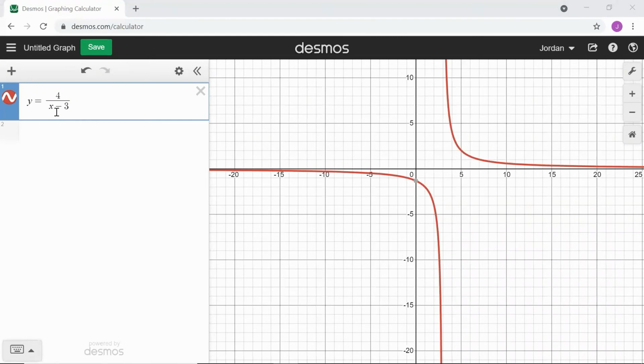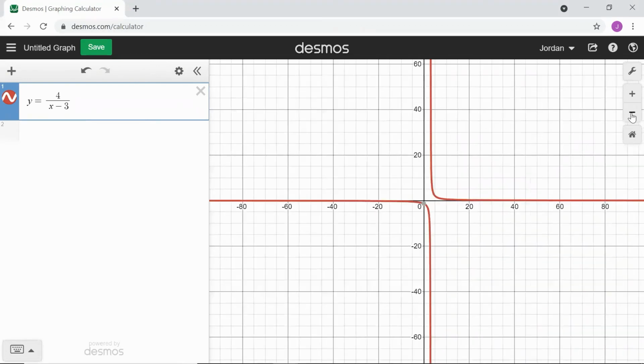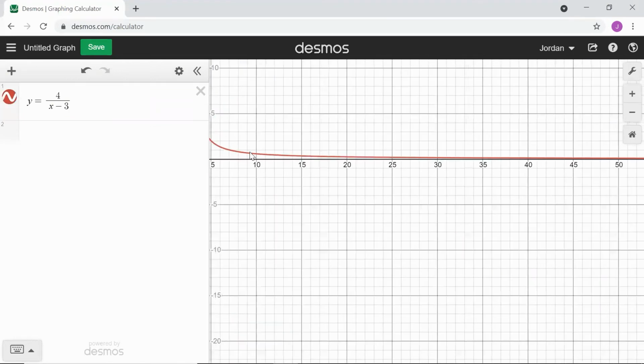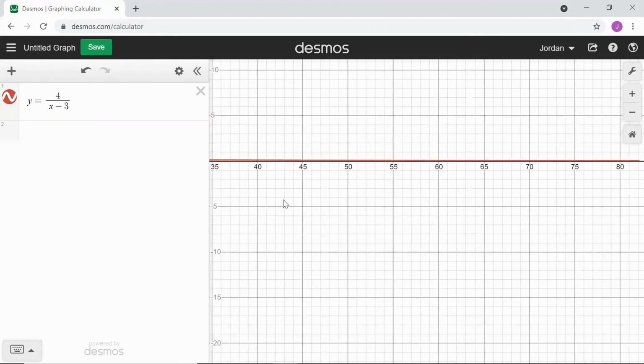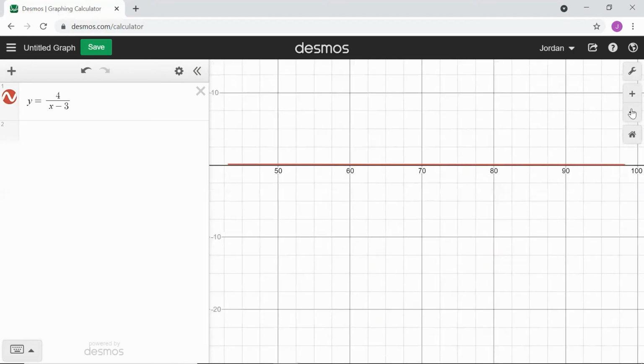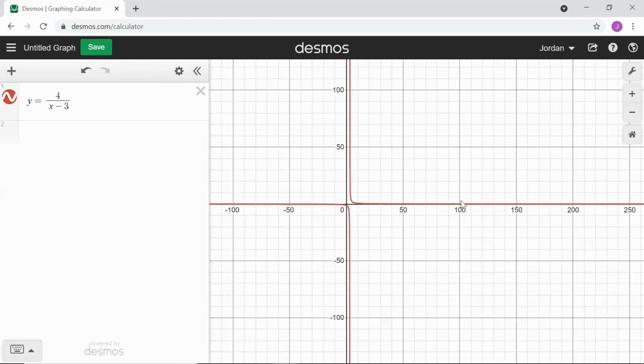Graphically, if you use Desmos or some other graphing calculator to graph this, when we say our x value is approaching infinity, what we're saying is that our x value is moving towards the right. As our x value moves towards the right, you can see we're approaching the x-axis. So that means the y value is getting closer and closer to 0 as you move to the right.